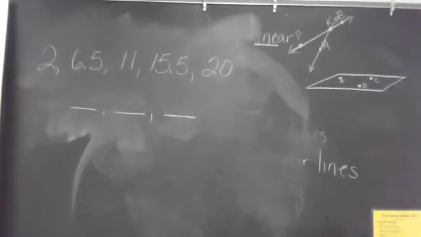Are you working on it? What's happening? So the next one is going to be 25.5. Or 26. Almost. What is it? 26.5. Try again. You're thinking correctly, but you're adding wrong. 2.5.